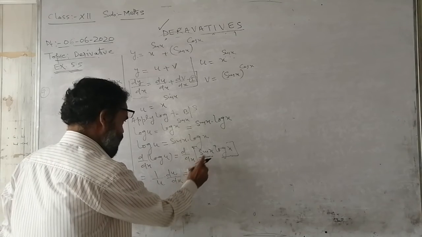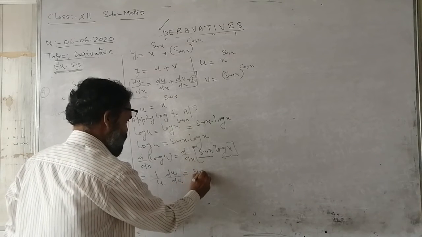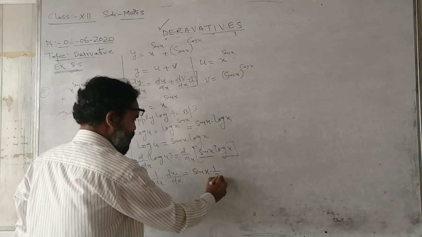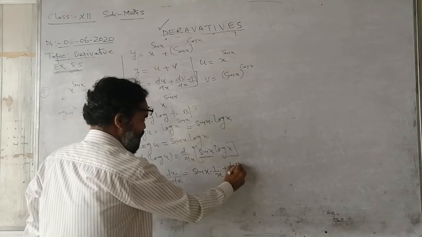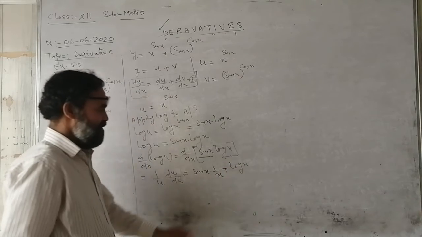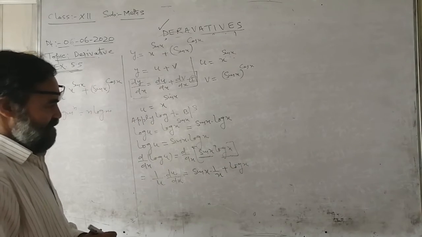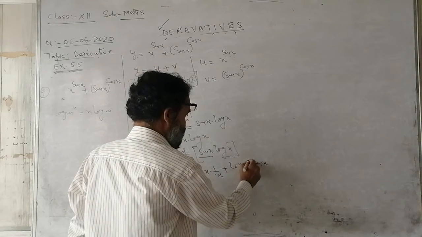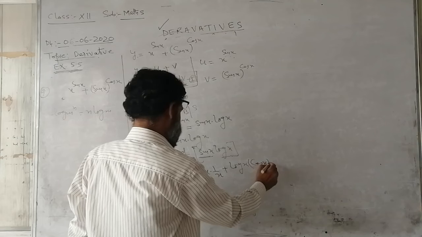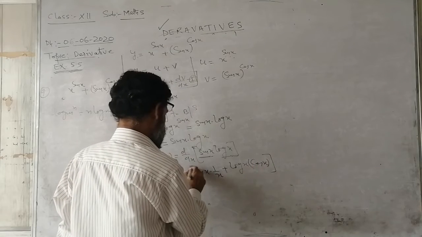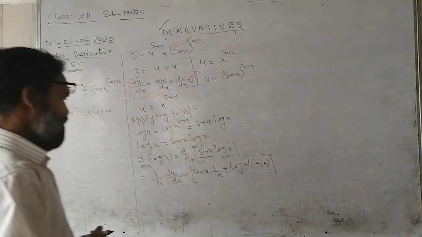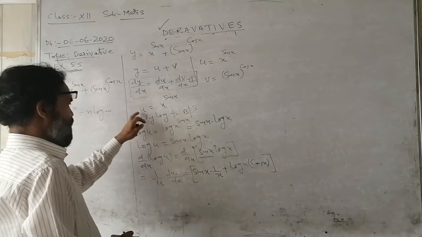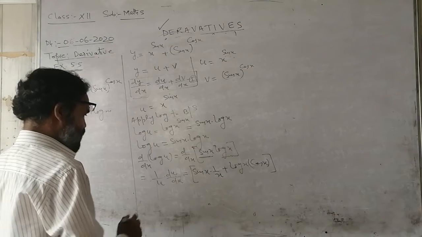So the first function into derivative of second function, that is 1 upon x. Then the second function into derivative of the first function, and that is cos x.